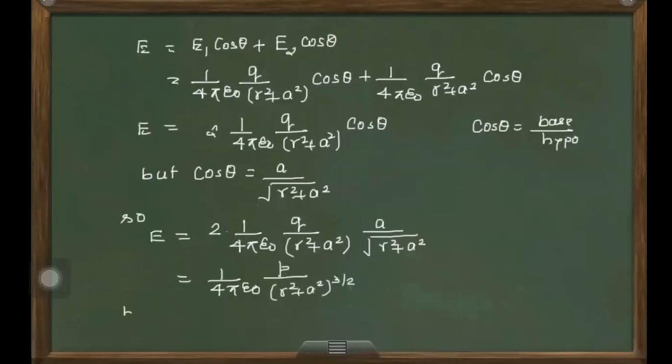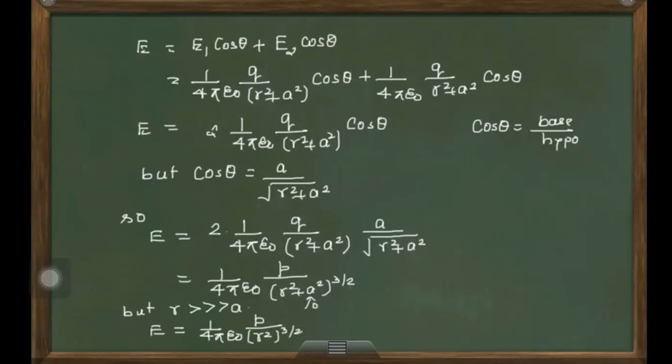But you have been told that your R is very, very bigger than A, or simply that your A is very, very less than R, and that's why A can be neglected. So what will be E? E will be 1 upon 4 pi epsilon naught, P divided by R raised to power 3 by 2, because A square can be neglected.